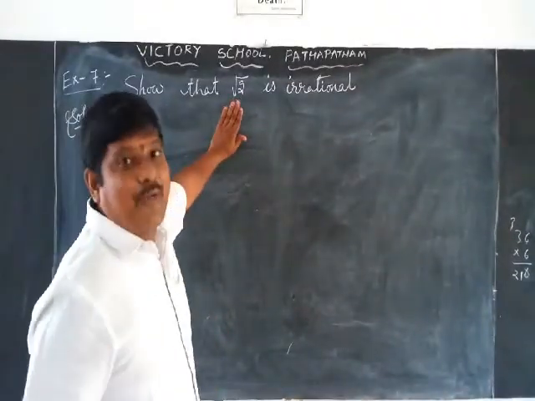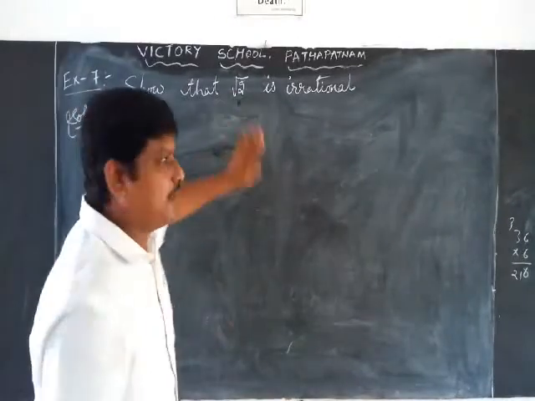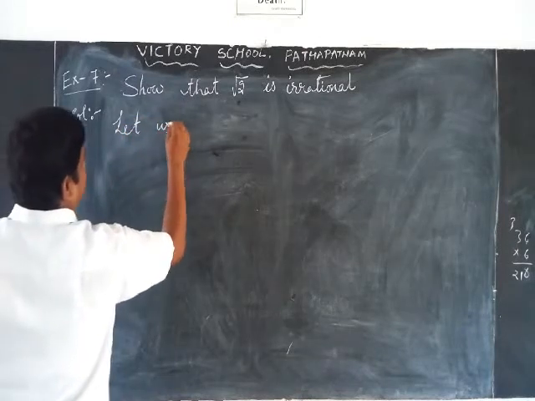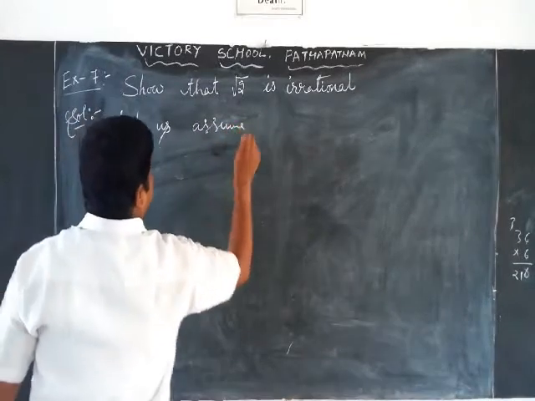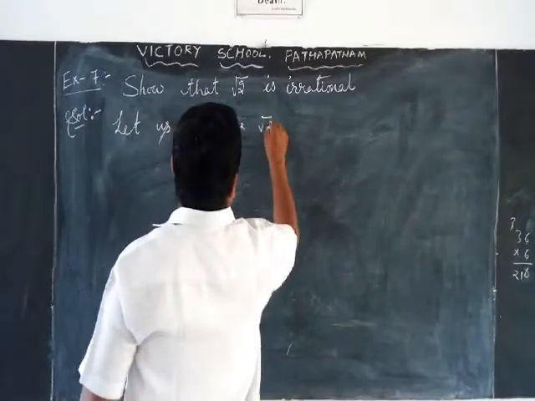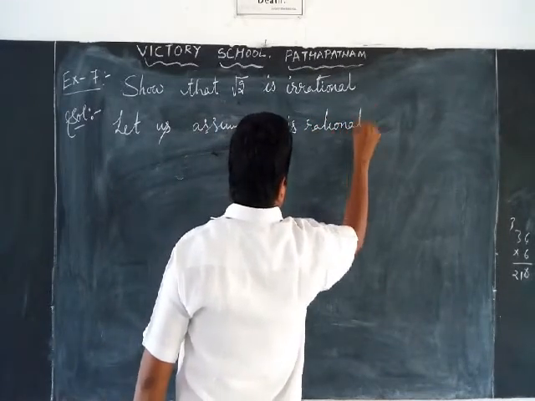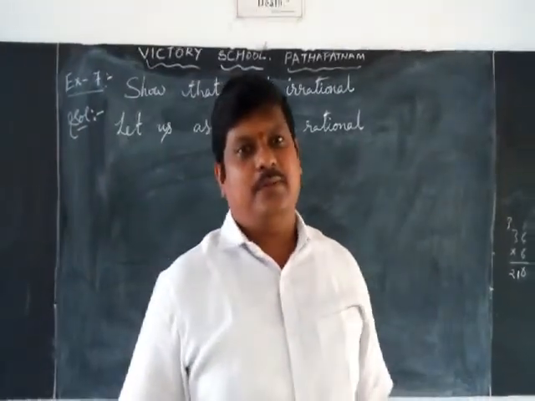First of all, we have to assume root 2 is rational. What is the definition of a rational number? Very simple.